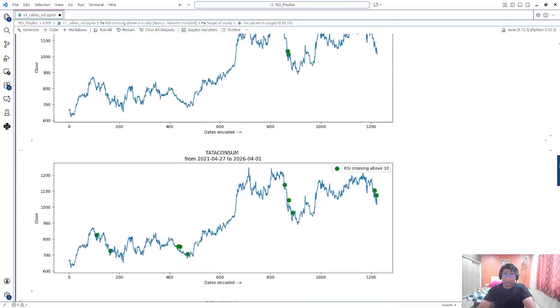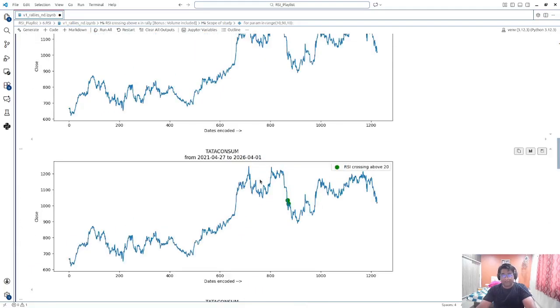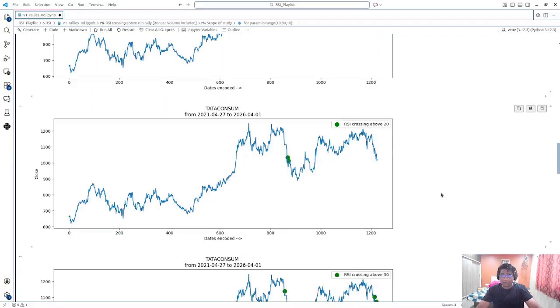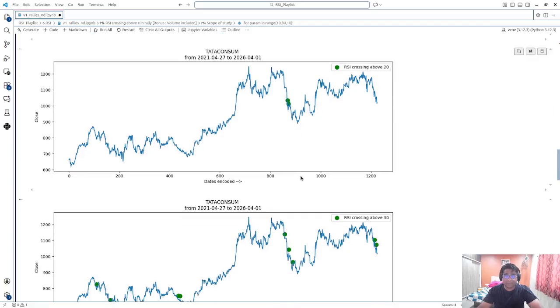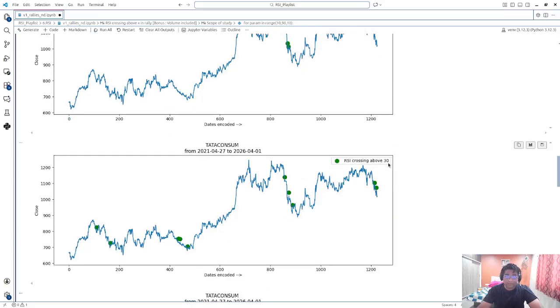So let's go and see how these green dots are appearing at different thresholds of RSI. As you can see, RSI crossing above 20, yes, these dots are appearing on the correction side. Above 30, appearing on the correction side.